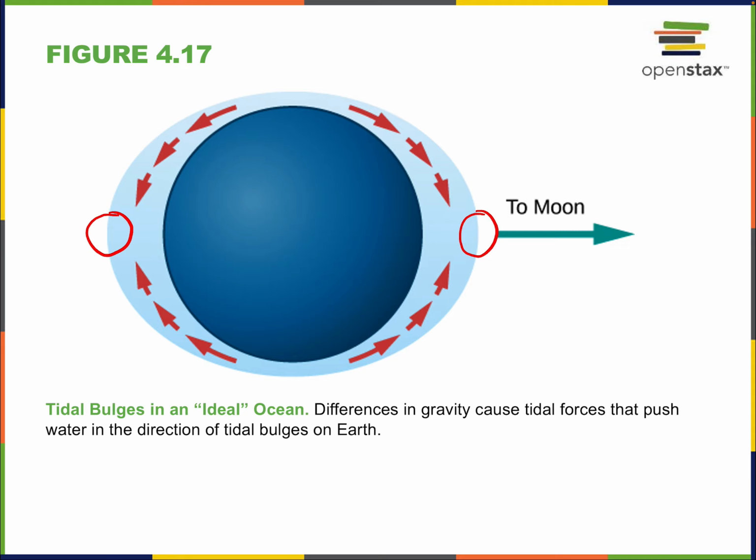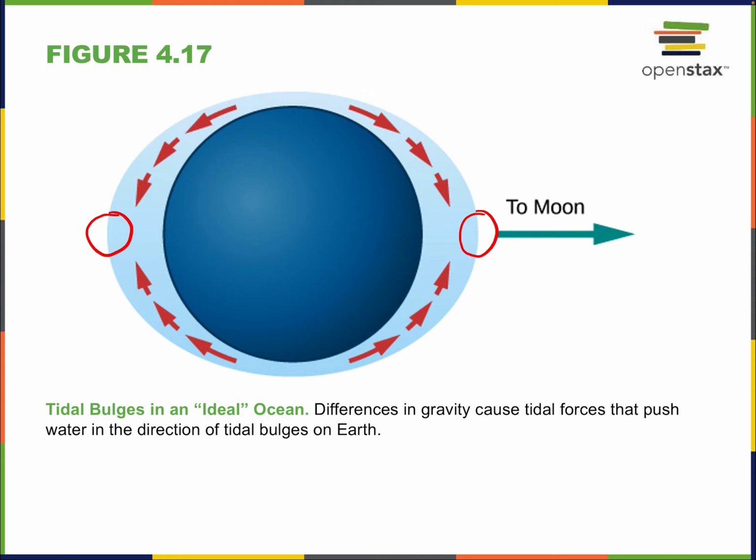Now, what's important to understand about these tidal bulges is it's not literally that the moon is stretching out the water on the side closest to it, and then somehow also stretching out the water on the side furthest from it. It's due to the fact that the water is a fluid and is freely flowing as it gets gravitationally attracted towards the moon. That's what creates the two tidal bulges.